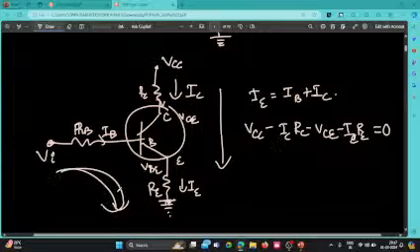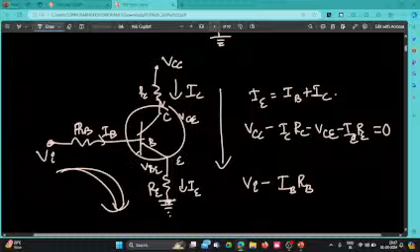And if this loop we consider, it will be VI minus IBRB minus VBE minus IERE, that will be equal to 0. Did you understand? Did you get it?